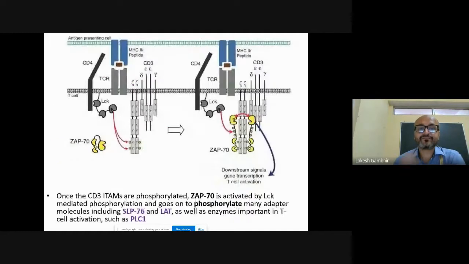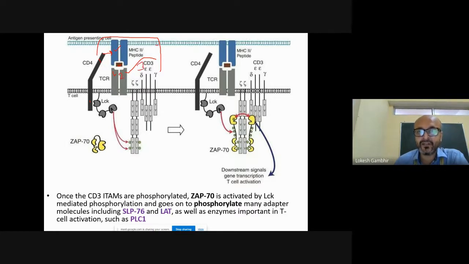Now what is happening? See, this is the exact representation I want to tell you. There is a T cell receptor, processed antigen, MHC molecule bound. Then there is a co-stimulatory CD4 which is bound to the MHC, and we have a complex of CD3. These three molecules combine to give 1, 2, and 3.